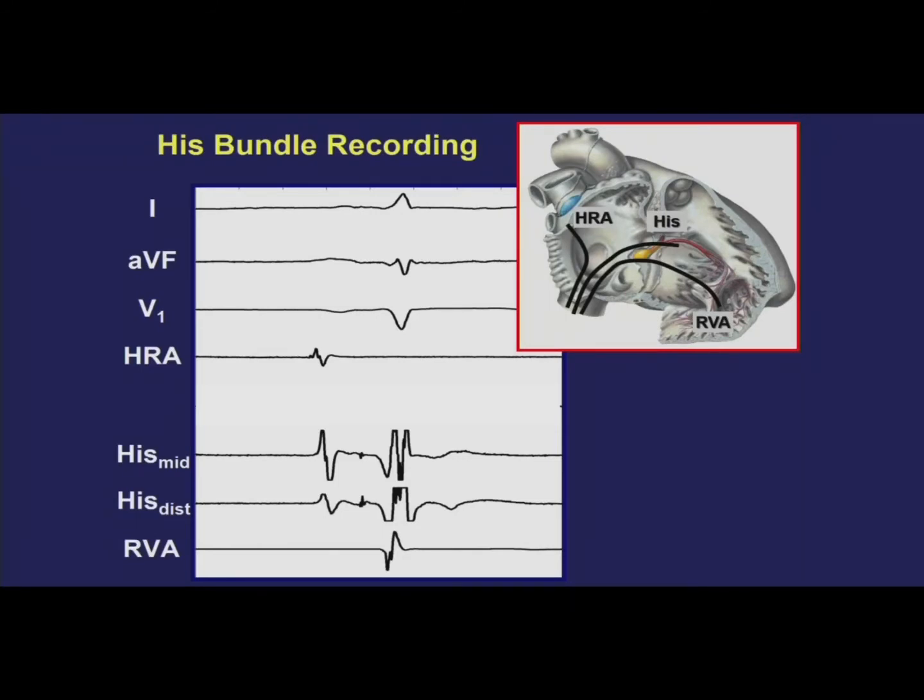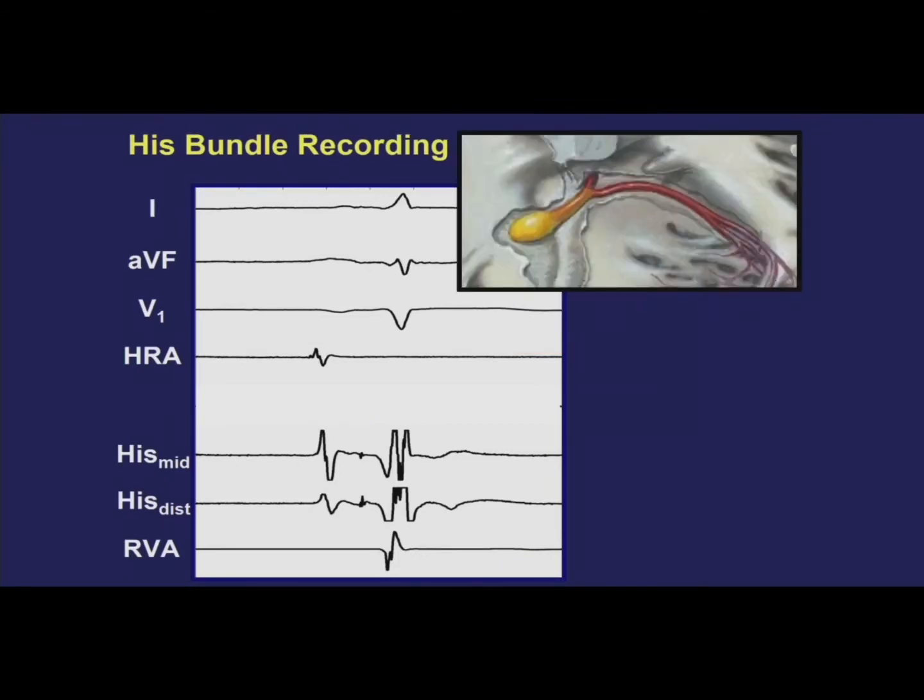And this allows us, as I said earlier, to break apart the PR interval into its 2 components, the AV node part and the His-Purkinje part. And the only way we can do that is by recording this intracardiac His that you can't see on the surface EKG. So, I don't know why I struggle with this clicker. Here we go.